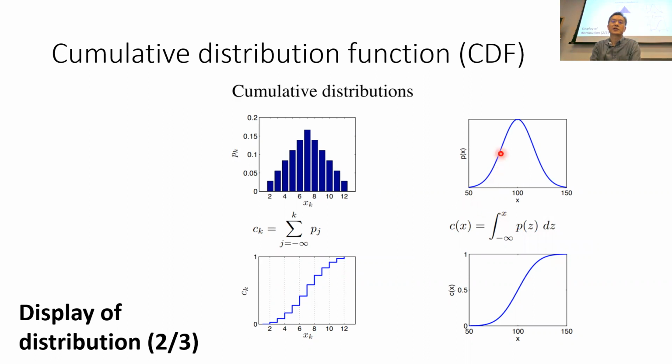And similarly, the PDF can be expressed with a CDF. The good thing about the CDF is if you have two distributions, one normal curve, for example, and another, you don't see the difference, but the CDF is visually easier for detecting the difference between two distributions.